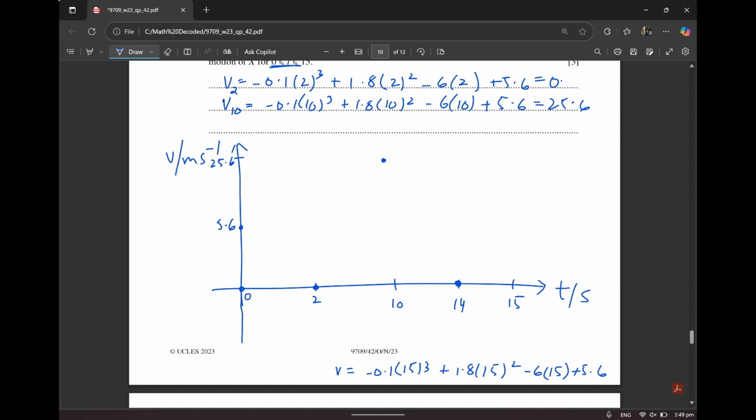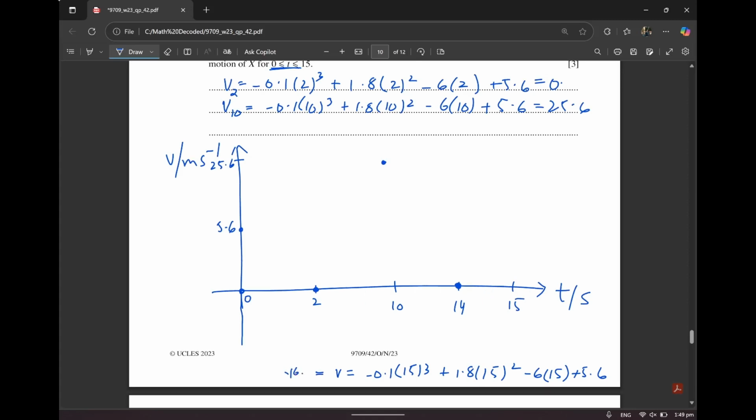That's going to be negative 16.9. So it's a negative value. I can just mark it somewhere here.